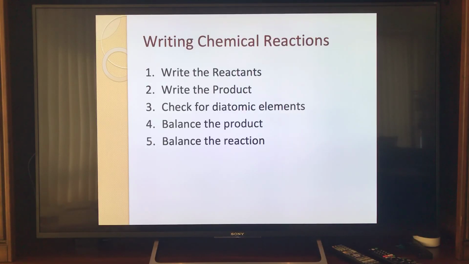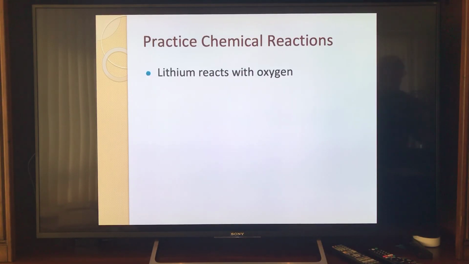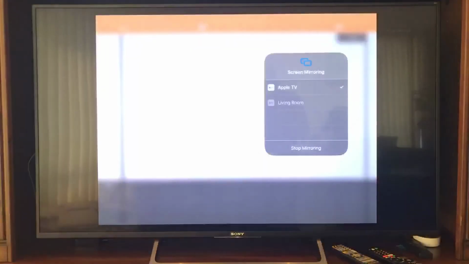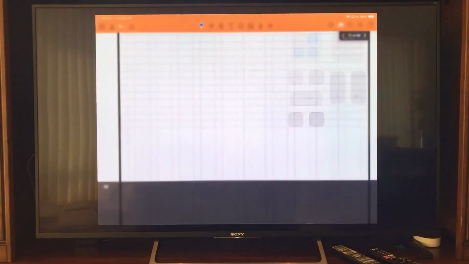So our first reaction today is going to be lithium reacts with oxygen. So what we're going to do is that I'm going to switch this over so that I'll go back and forth, or try to a little bit here, so that you can see how we solve this.